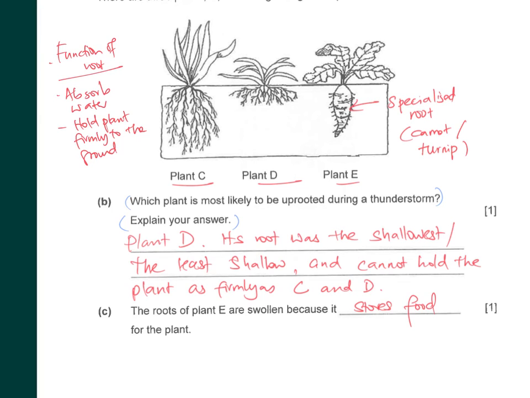But in this case, the root has an additional function here, that's why we call it specialized. It can store food. Okay, not all plants, only certain plants such as carrot, turnip, beetroot, right, to name a few.